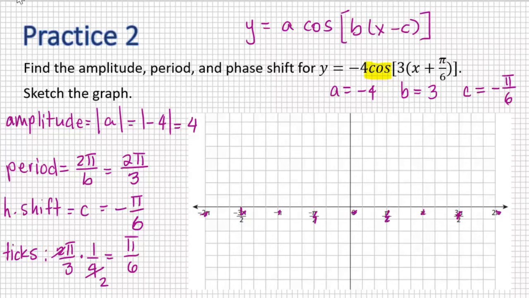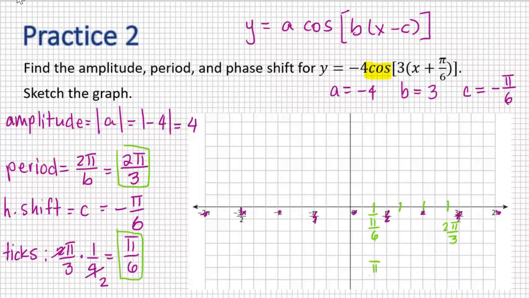For our function, given a period of 2 pi over 3, one cycle will take us from 0 to 2 pi over 3. The steps, if I break that 2 pi over 3 into quarters, are a distance of pi over 6 apart. In other words, if we start counting at 0, our first tick mark is at 1 pi over 6.